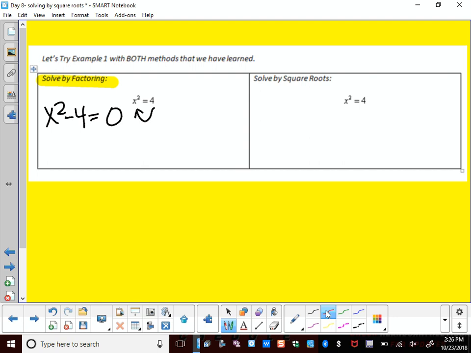Because we were solving by factoring, once we got here, we noticed that this could be a difference of squares problem. I could factor that here because I have 2 perfect squares. So the square root of x squared was what? x. And the square root of 4? 2. What happens to my signs? One's positive, one's negative. Once we got here, we set everything equal to 0.